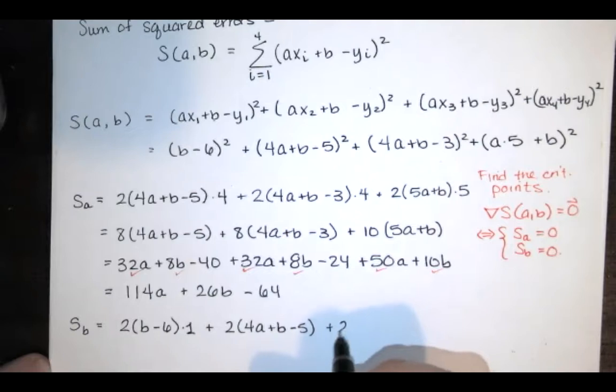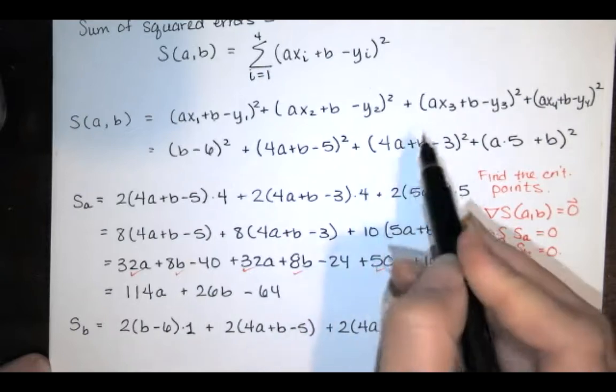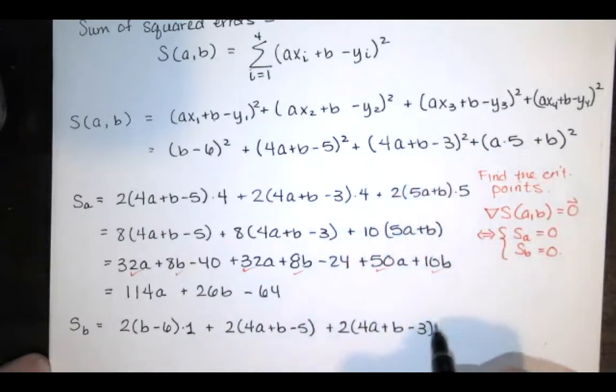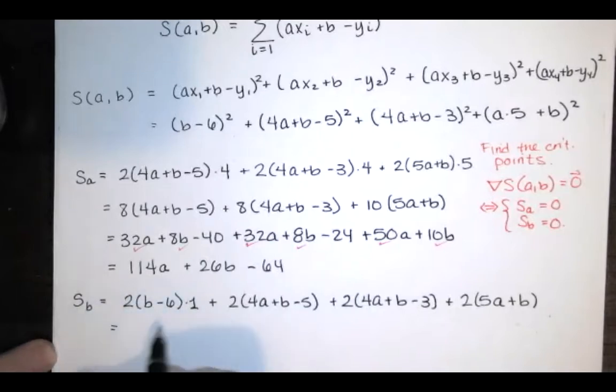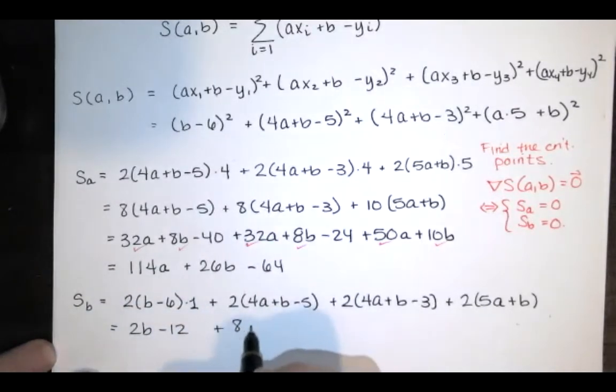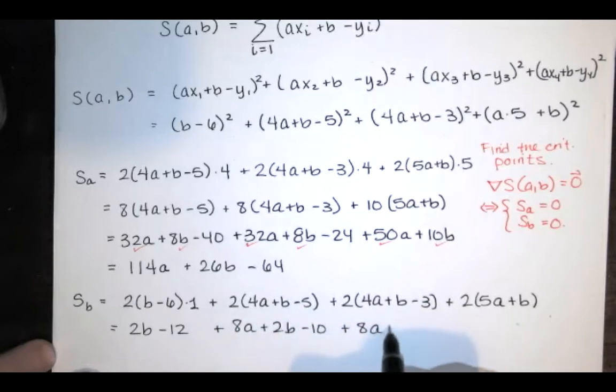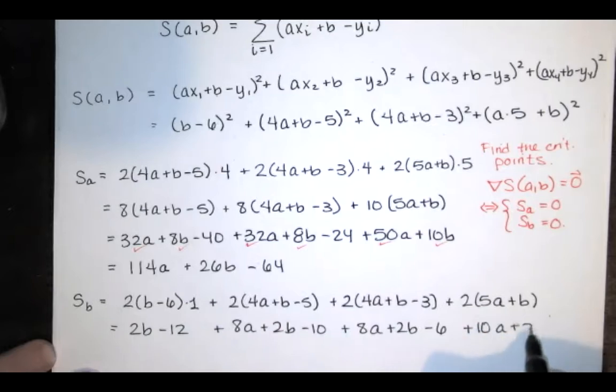I think we get that for all of these because they all just have a plus b inside. Okay, and then we can distribute. So this is 2b minus 12 and 8a plus 2b minus 10 and 8a plus 2b minus 6 and 10a plus 2b.